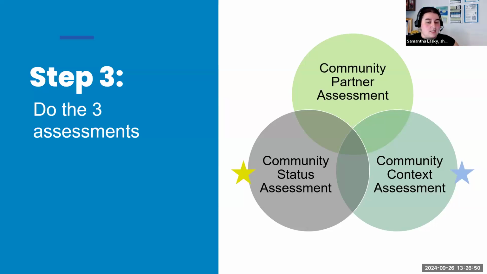That assessment is aligned with the bulk of the analysis of collecting data for the community health issues and community health problems that is required as a part of IPLAN. And the community context assessment, and I'll get into what each of these is, has a blue star because it is additional qualitative data from the community to help inform this data collection as well.